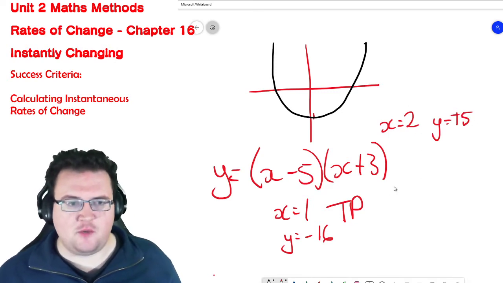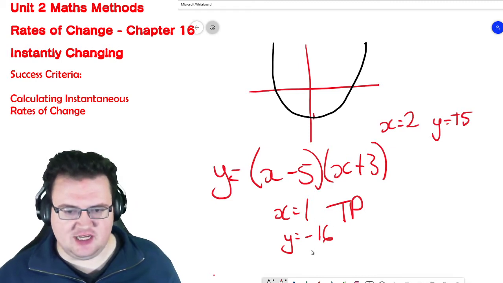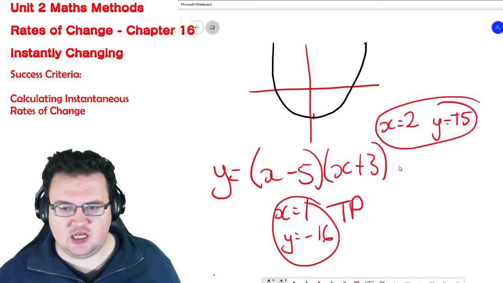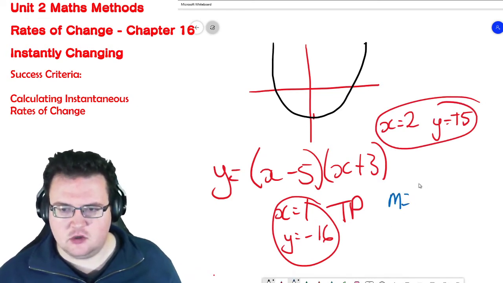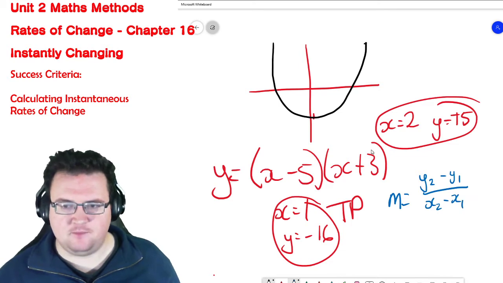So that means that if I were to work out the gradient between this point here and this point here, I can just use m equals y2 minus y1 over x2 minus x1.